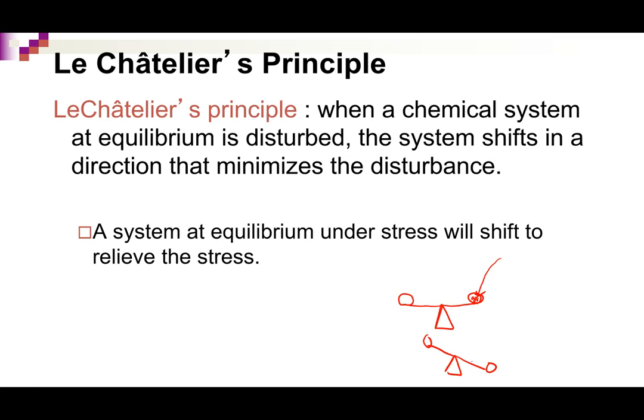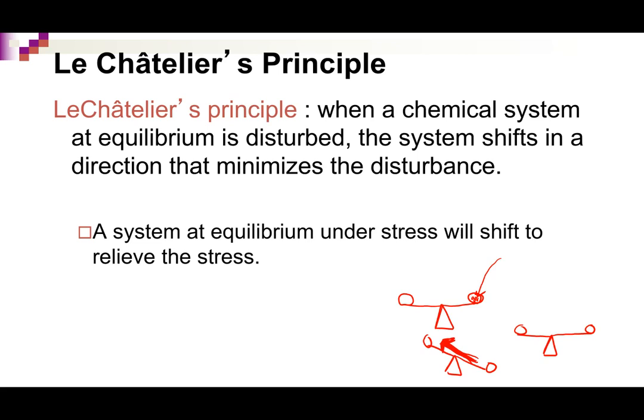So what chemistry is going to do is it's going to say, wow, I've got way too much weight on this product side. Let me push towards the reactants to relieve this stress. So it's going to push towards the reactants and try to reestablish an equilibrium. Okay, reestablish this horizontal balance.